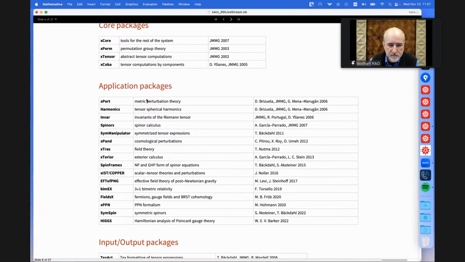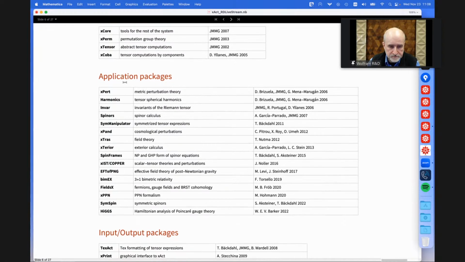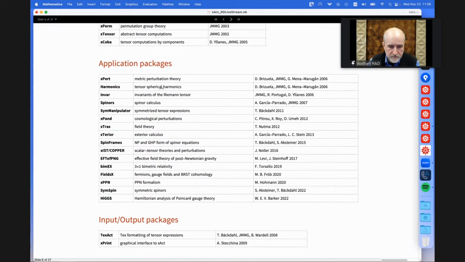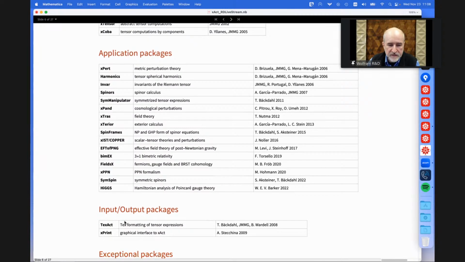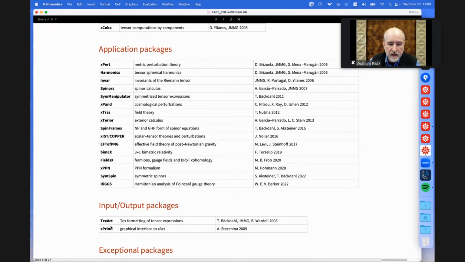We have then application packages. This is the section that is growing fastest. And then we have input-output packages to send things to TeX, or a GUI approach to xAct so that you can introduce tensors interactively.